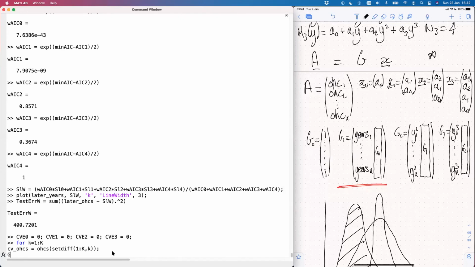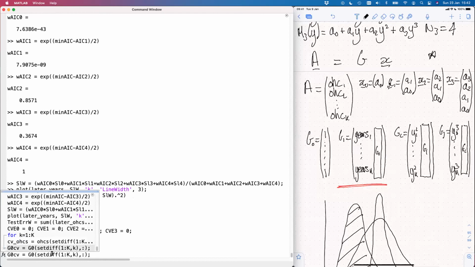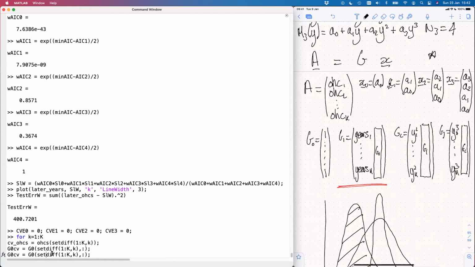I'll use exactly the same setdiff function to do that. So our cross-validation G0 is G0 indexed by this setdiff again. I want all rows apart from the kth one and all columns. Similarly for the other design matrices.